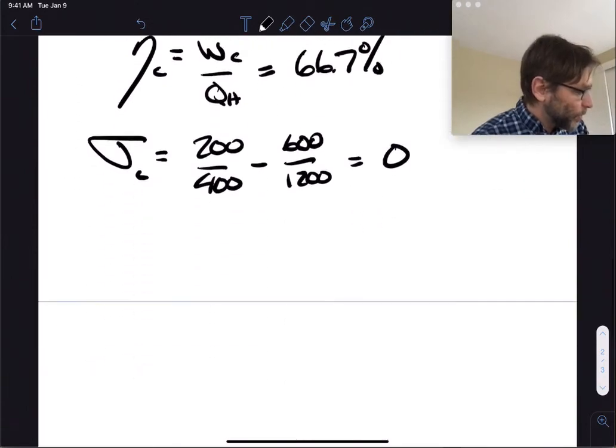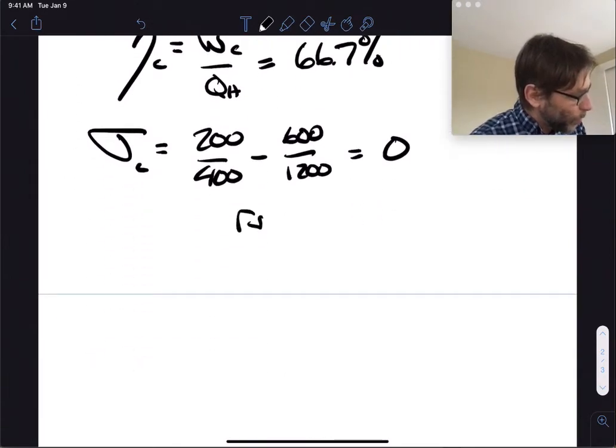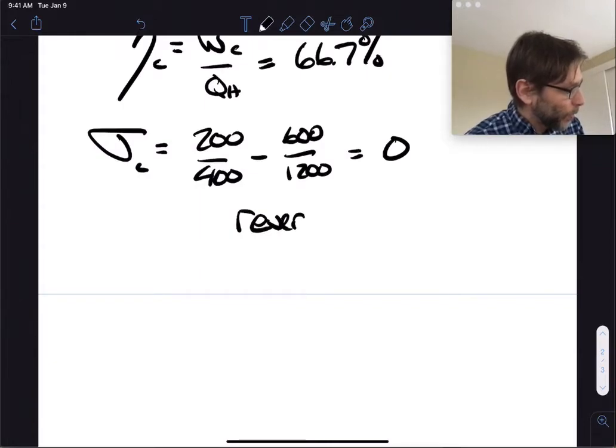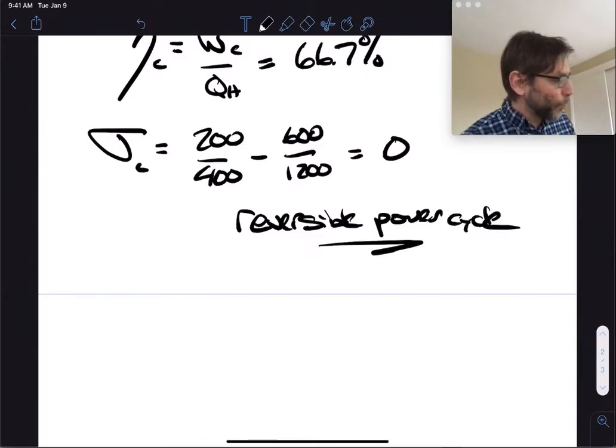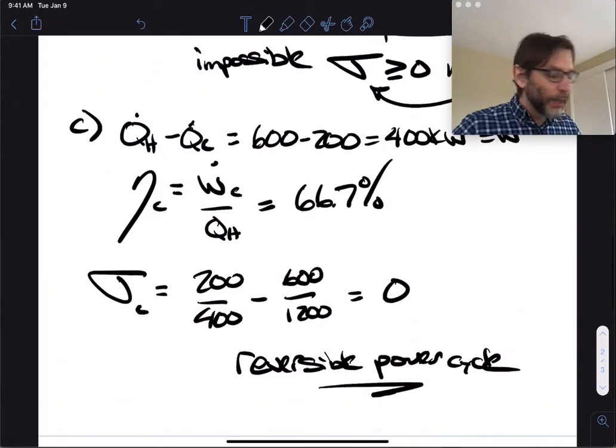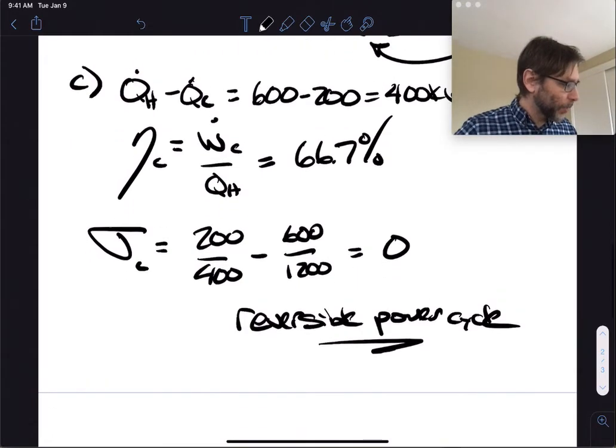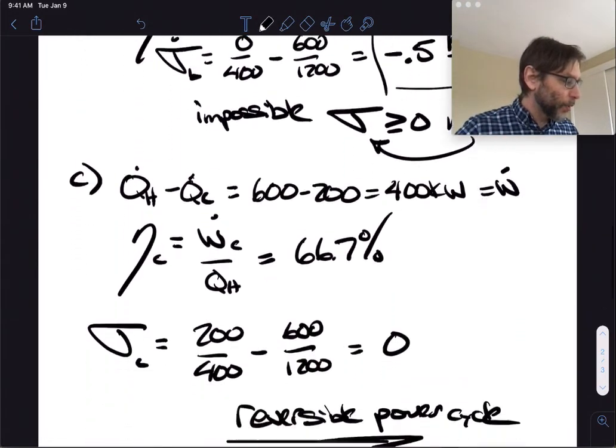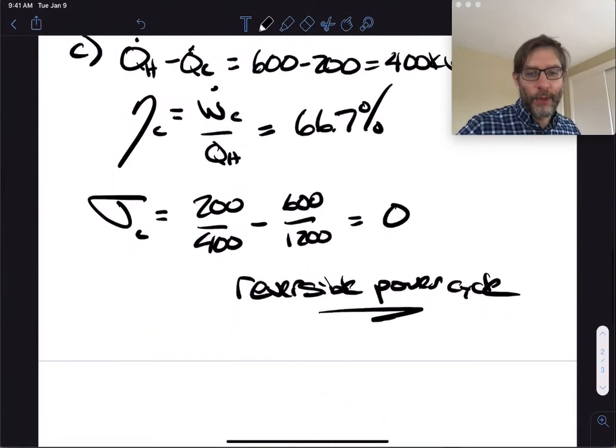So this is a reversible power cycle. Great. So essentially, this is a perfect power cycle. Not achievable in real life, but this is the maximum that you could possibly expect, given these two thermal reservoirs, of what you could get out of the power cycle.